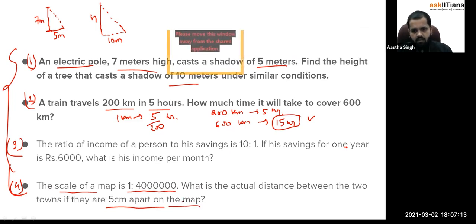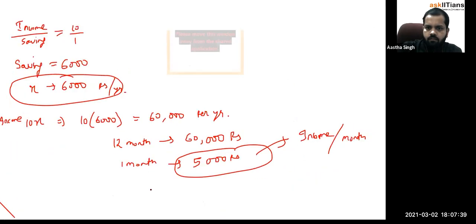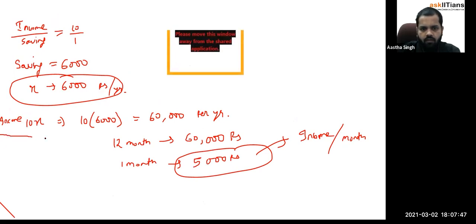The scale of a map is given, 1 ratio 40 lakh. Question number 4.